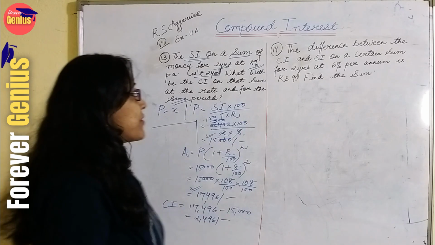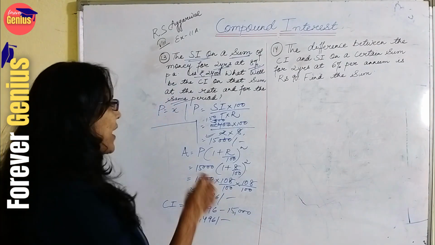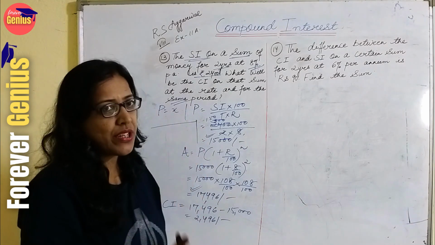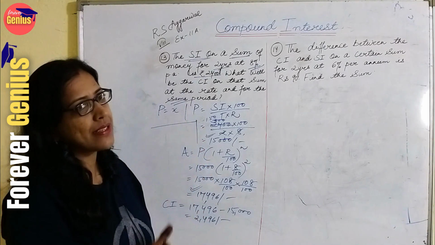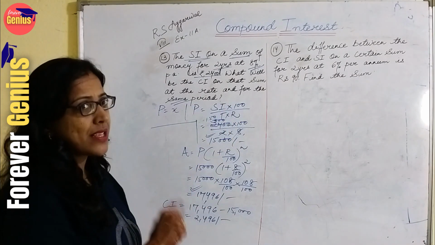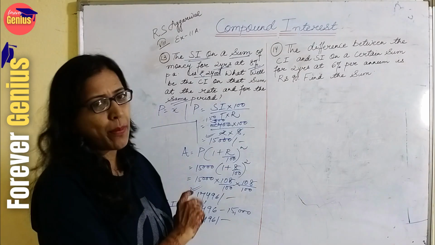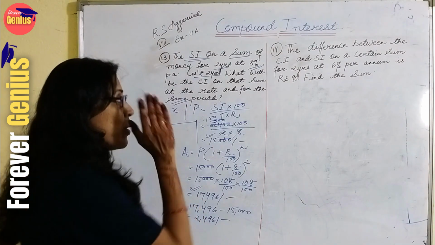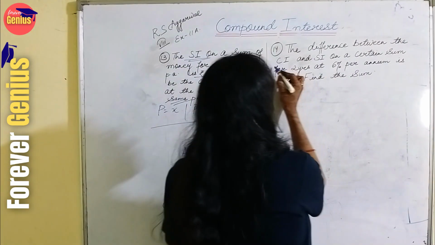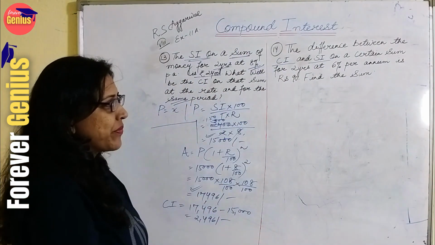So the sum seems tough, but if we go step by step and try to find out each and everything, it will be very easily solved. So now see the next question, which is again a very tricky and the most commonly asked question. The difference between the compound interest and simple interest on a certain sum.